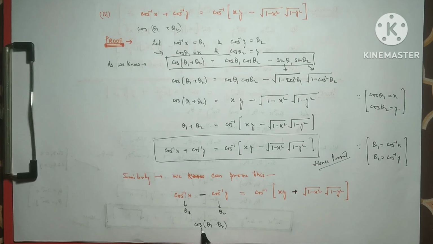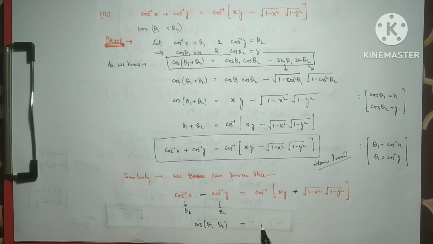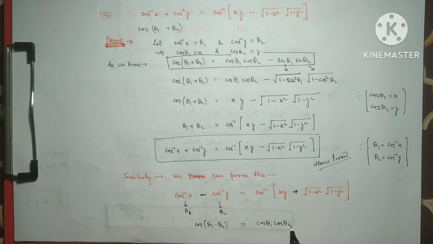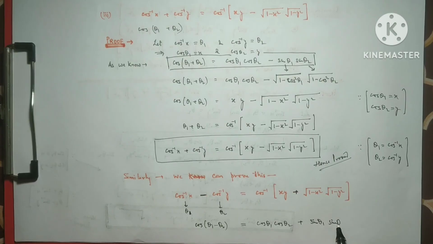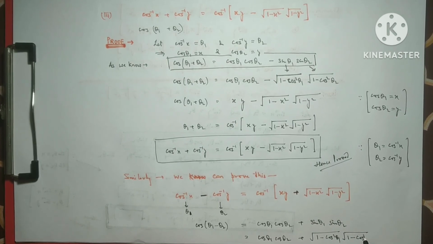So we will use this formula in place of cos(theta 1 plus theta 2), and its formula is cos theta 1 cos theta 2 plus sin theta 1 sin theta 2. We substitute this, and we get cos theta 1 cos theta 2 plus under root of 1 minus cos square theta 1 under root 1 minus cos square theta 2, and this is cos of theta 1 minus theta 2.